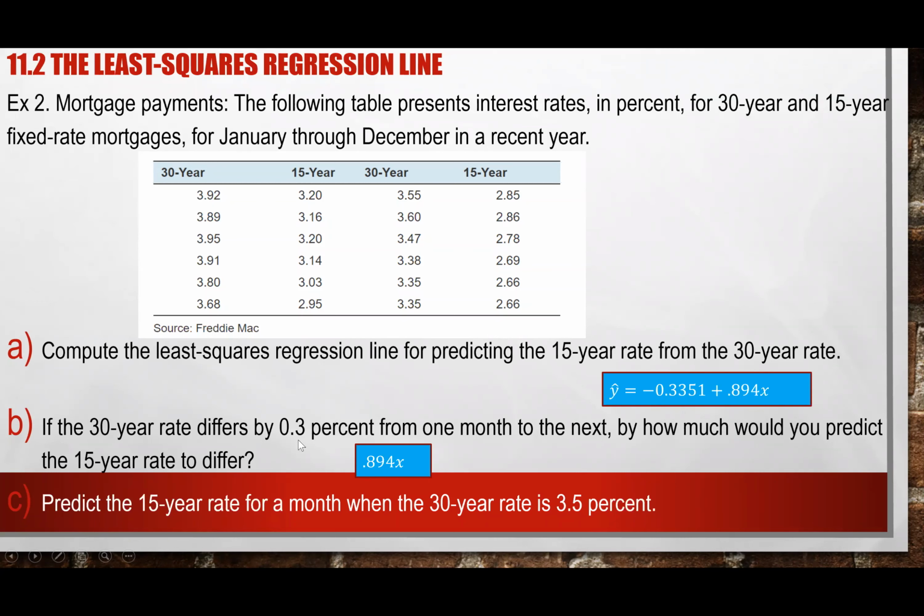If I know the item of one group, all you need to do is take the slope and multiply it by that difference. So if you take 0.894 and multiply it by this difference, then if this is different by 0.3%, the 15 years will be different by 0.2682.